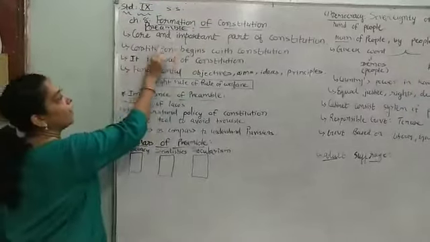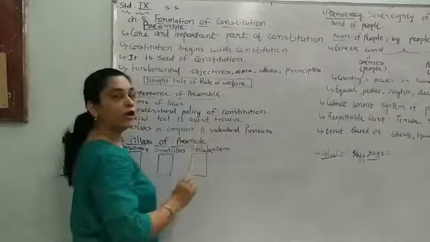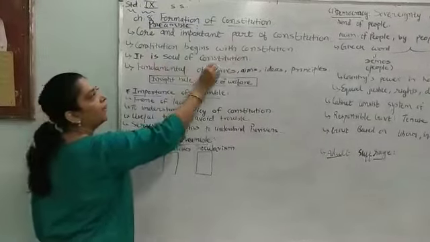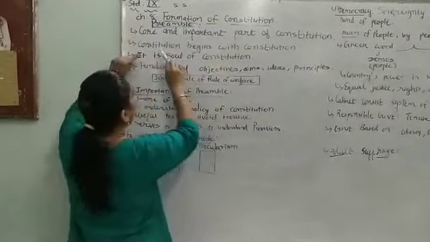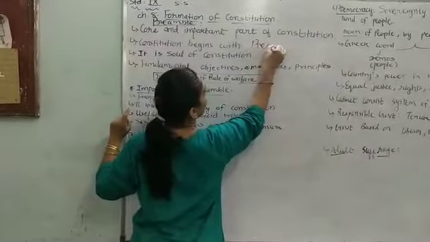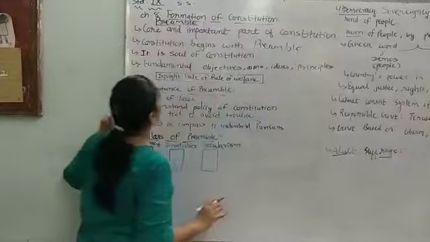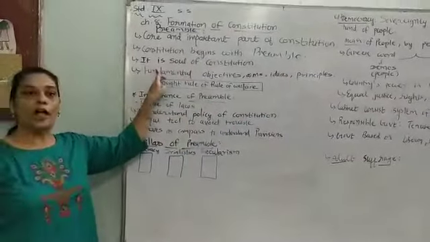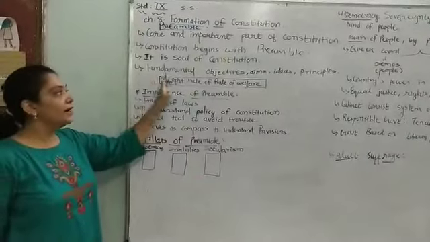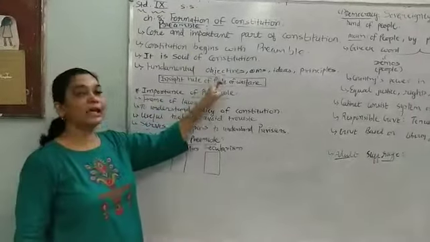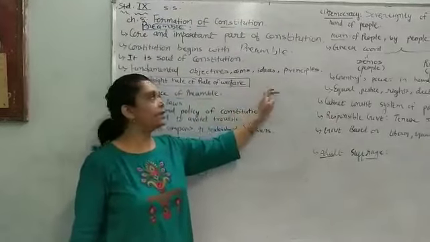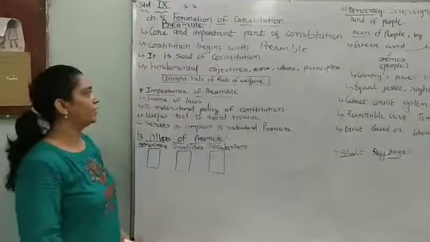It's a core and very important part of the constitution. Our constitution begins with the preamble. Students, it starts with the preamble. It is the soul of our constitution, and it provides the fundamental objectives, the aims of our country, our nation, the ideas and the principles of it.